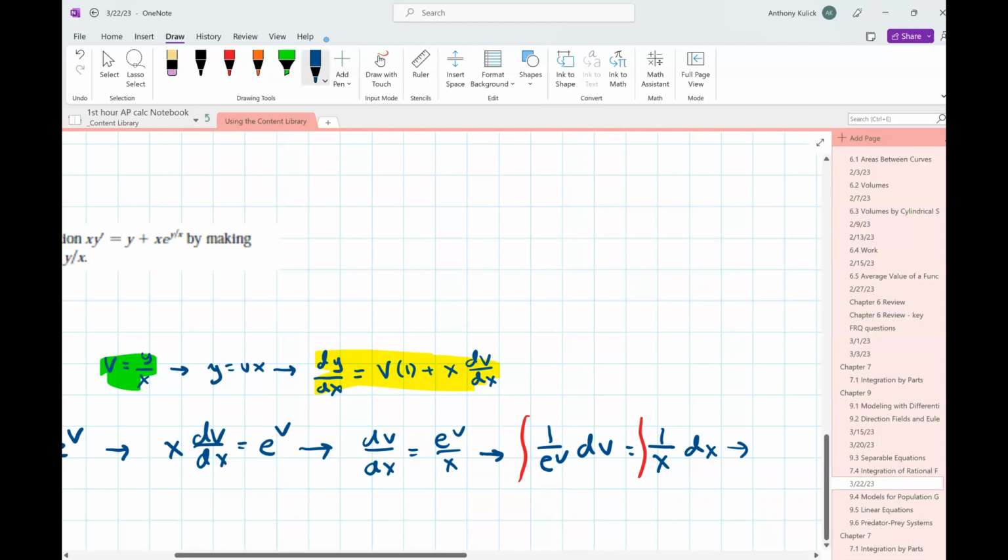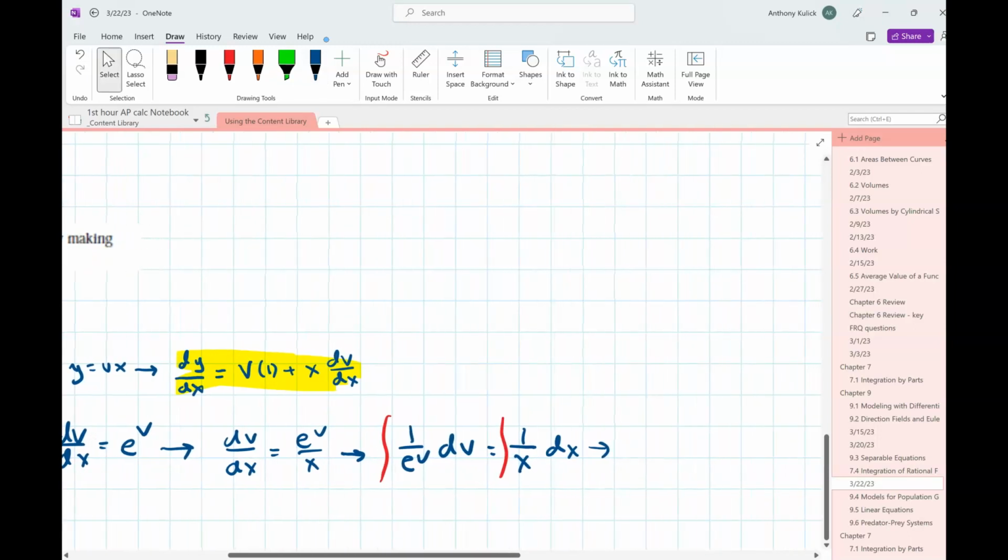What's the antiderivative of 1 over e to the v? I would just think about it as e to the negative v.